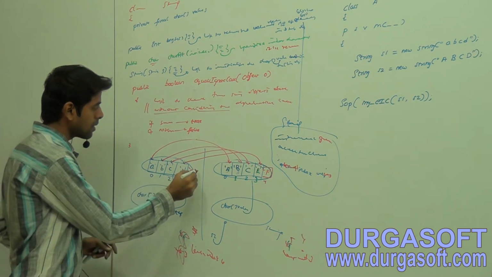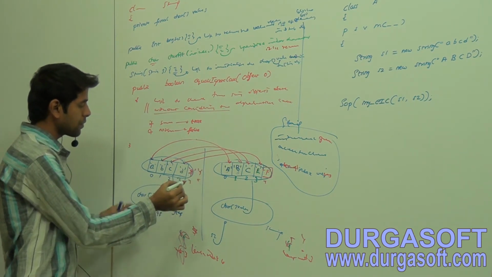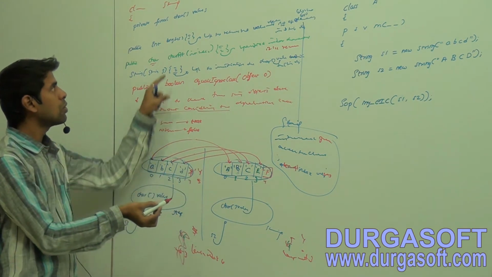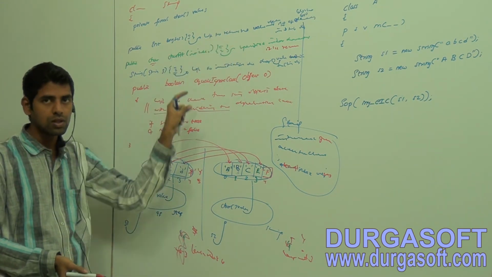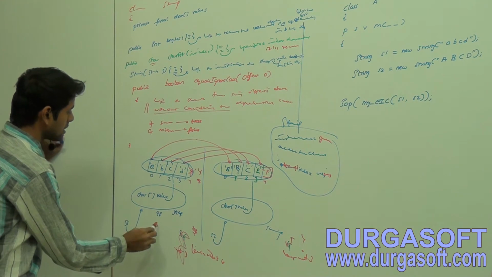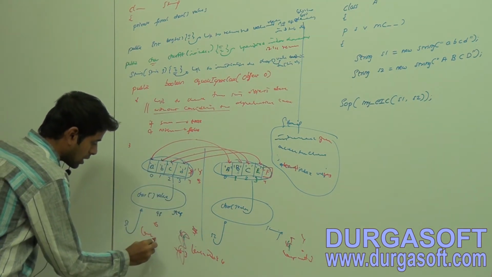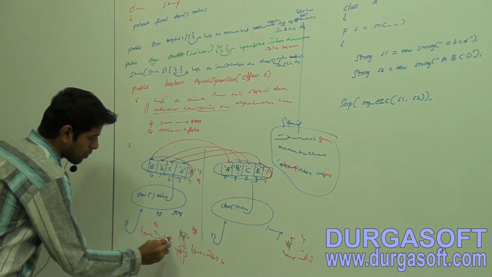If length is 6, observe here: 1 2 3 4 5 6. Length means the number of elements, so 6. If length is 6, what will be the last index value? 5.